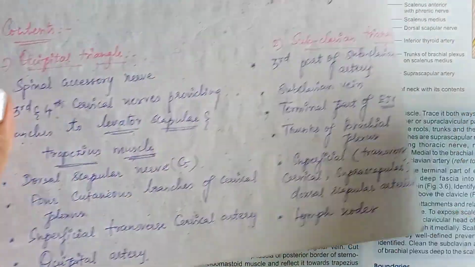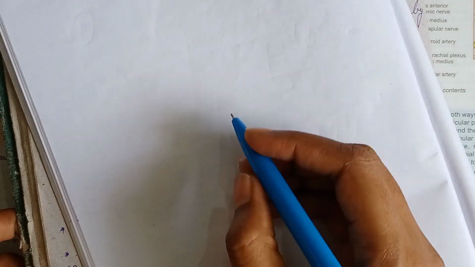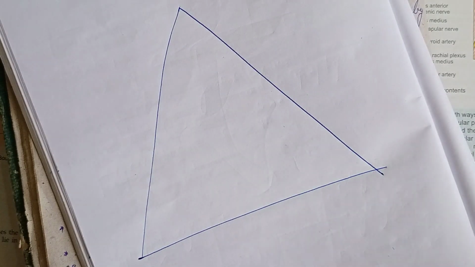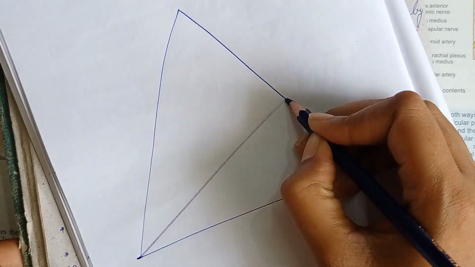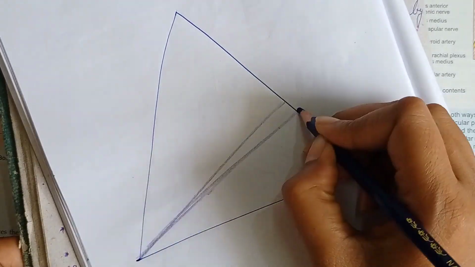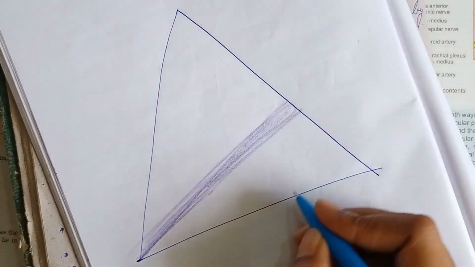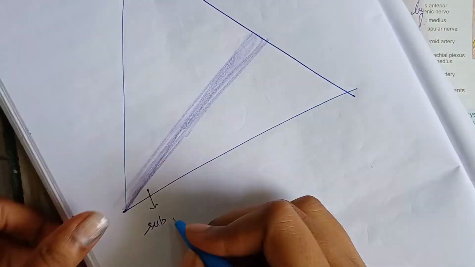Before that, let us have a rough look at this. Suppose we are considering this whole structure as the posterior triangle, and we are dividing it. This is the inferior belly of the omohyoid muscle, and this is the lower subclavian triangle.